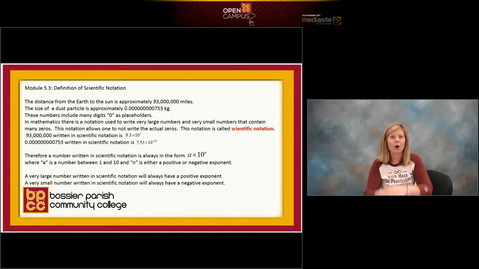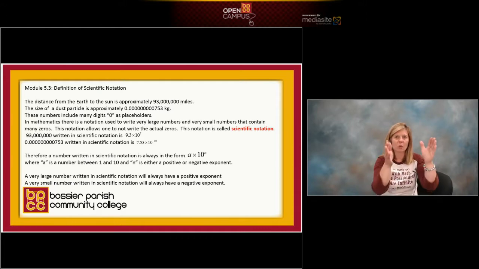Therefore, our whole concept here is, if you have a number that has a lot of zeros as placeholders, that number can be written in scientific notation. When you write a number in scientific notation, you must have two key components. You must start with a number between 1 and 10, bigger than 1, less than 10.